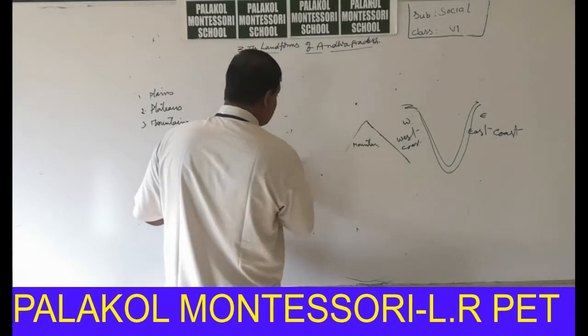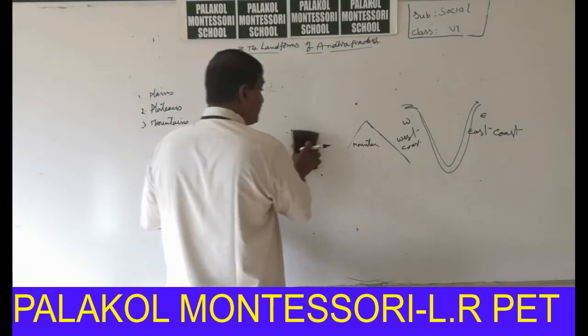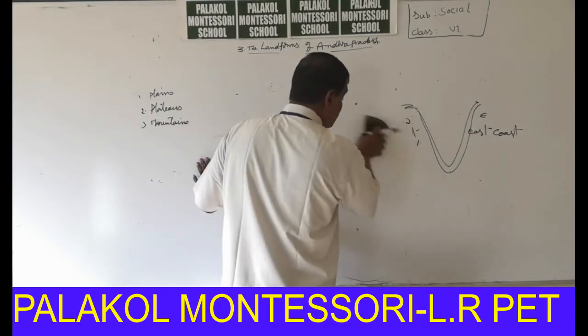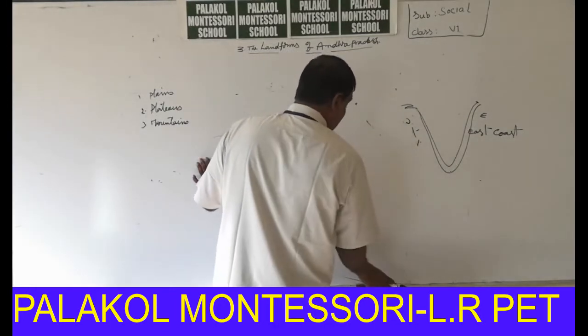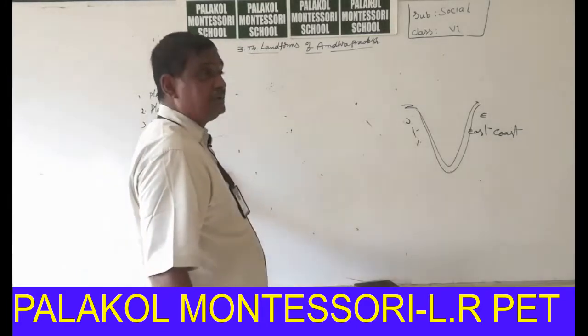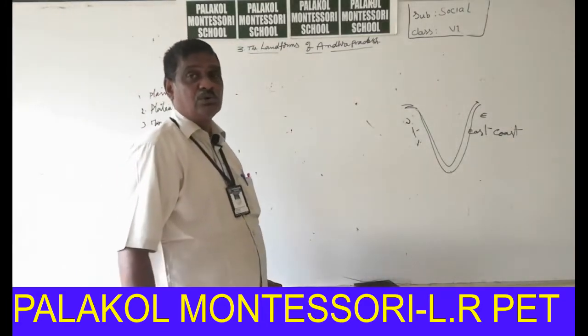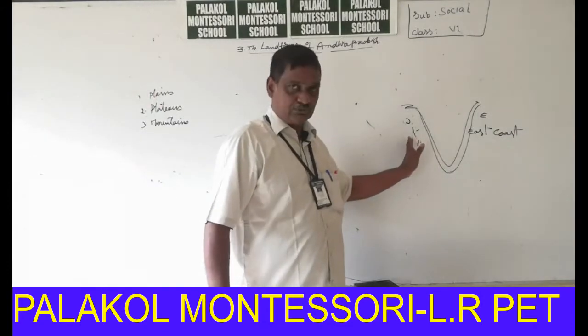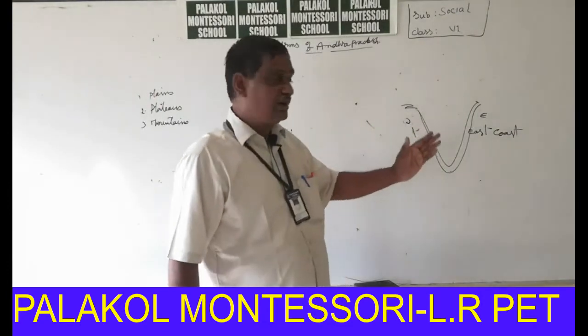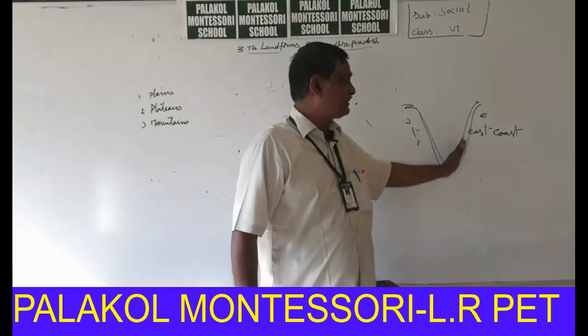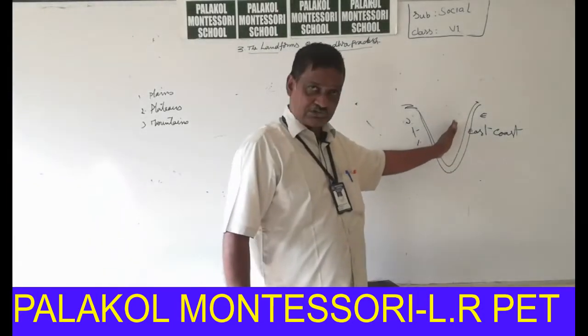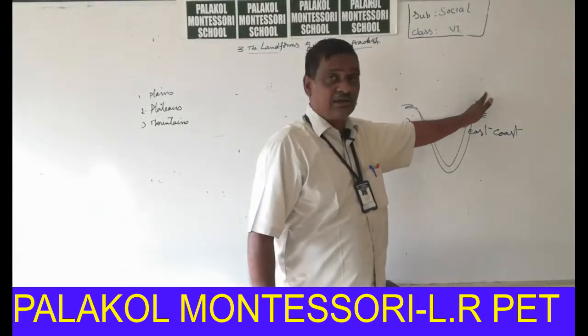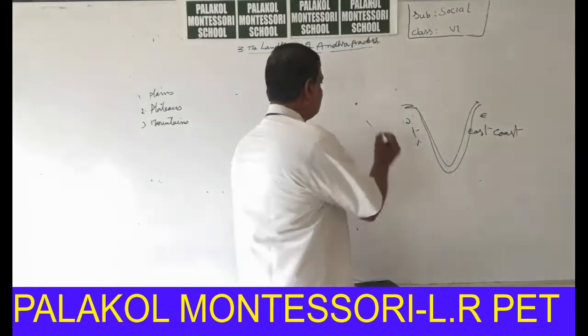How many coastal districts are there in our Andhra Pradesh? How many coastal states in our India? How many coasts does India have? India has only 2 coasts, the east coast and the west coast. The states situated beside the coast are called coastal states, from West Bengal to Gujarat.